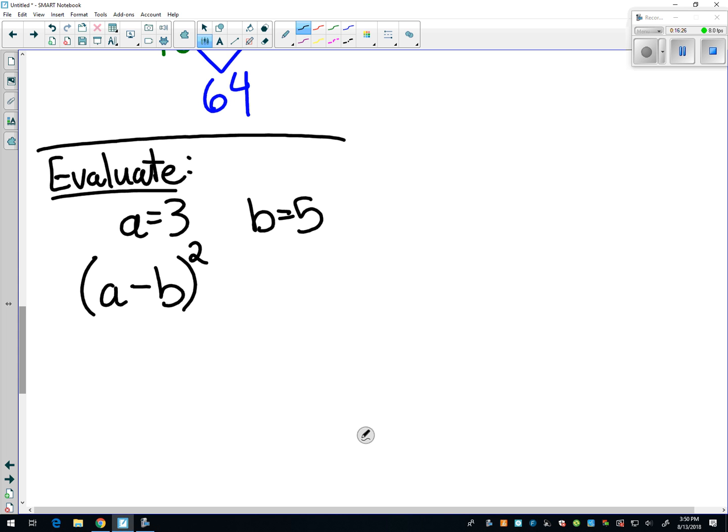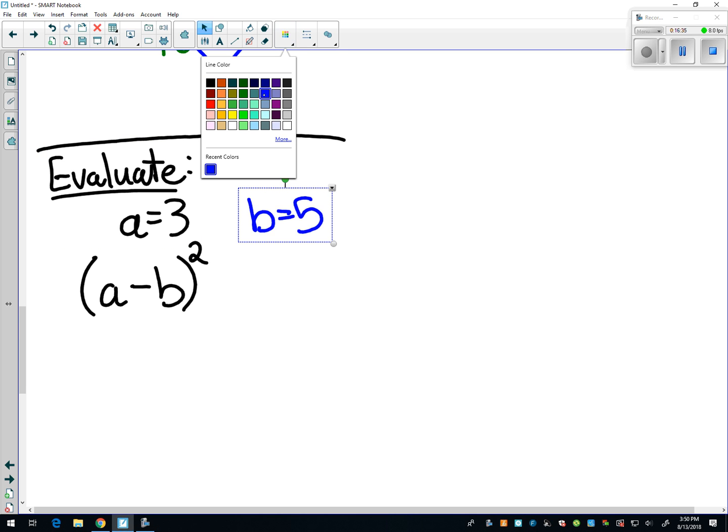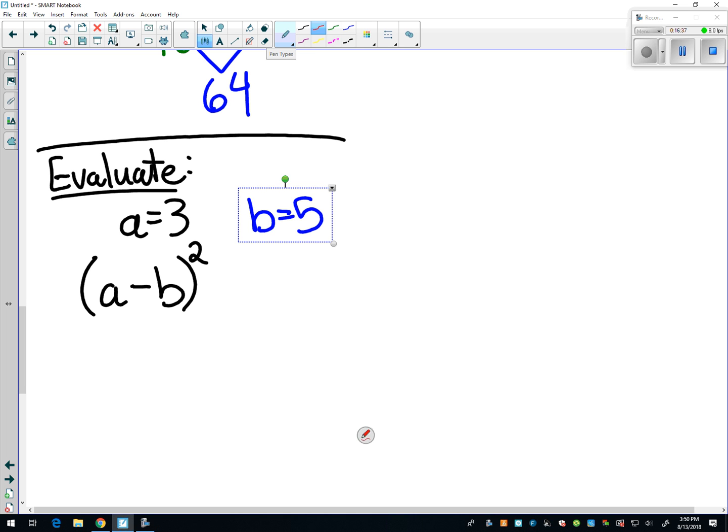So let's take a look at what happens. First, I'm going to change some colors to make this easier to see. Make this red. A little bit of red versus blue. First thing I need to do is, well, if A equals 3, every time I see an A, I'm going to replace it with a 3.